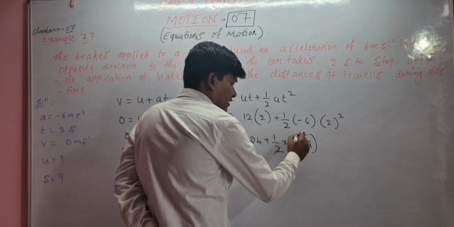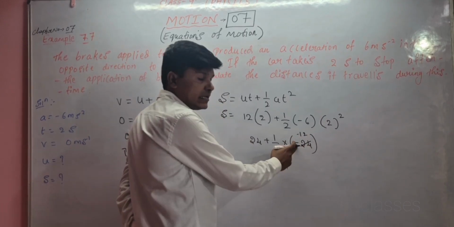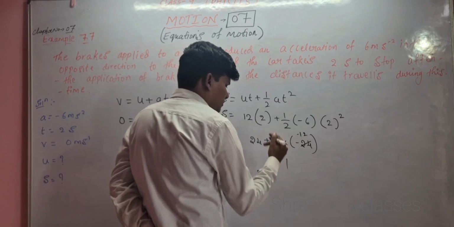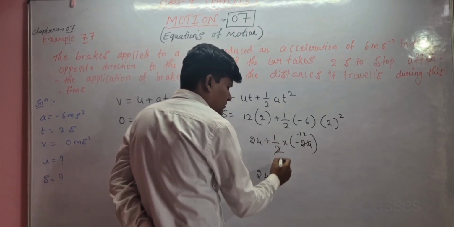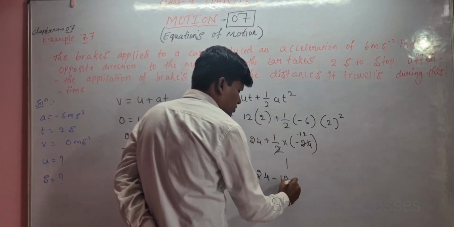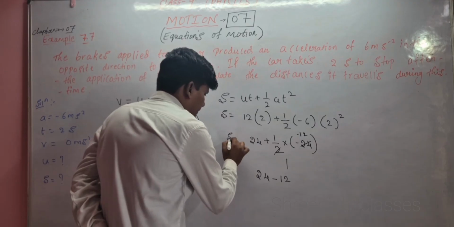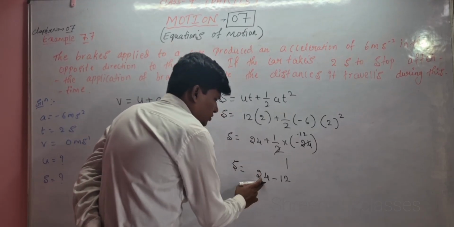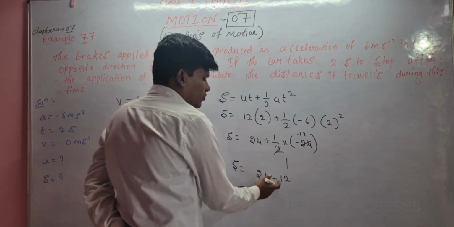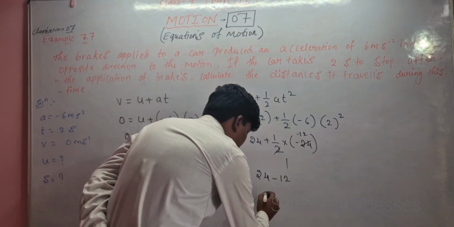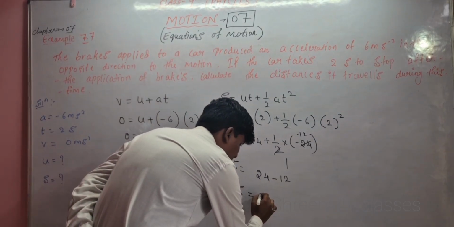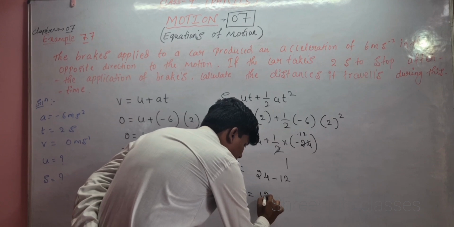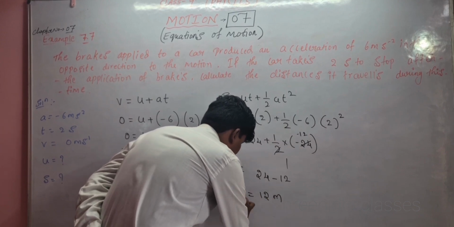So minus 12. Okay, we have taken the sign here. So minus 12 into 1, minus 12. So 24 we have to minus the 12. Remaining how much? It will be only 12 meter.